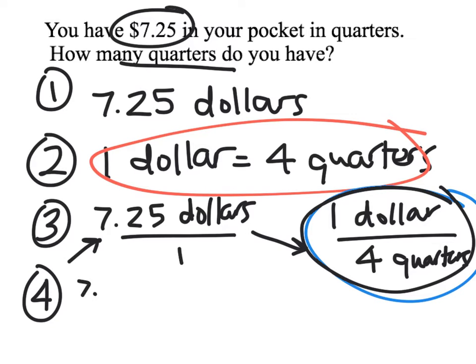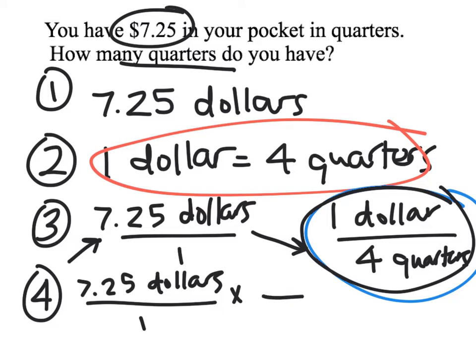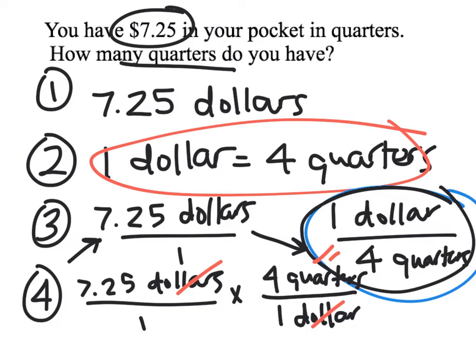So if I have $7.25 over 1, I want to multiply it by this conversion factor, but I'm going to flip it so that now $1 is in the denominator and 4 quarters is in the numerator. And this way that I've written this, these two things are equivalent. I've just flipped it so that dollars can now cancel out.